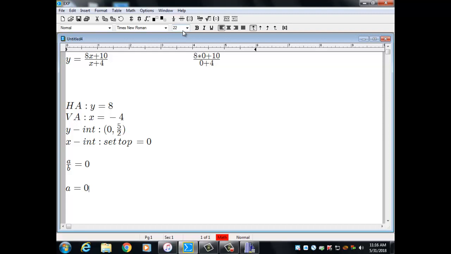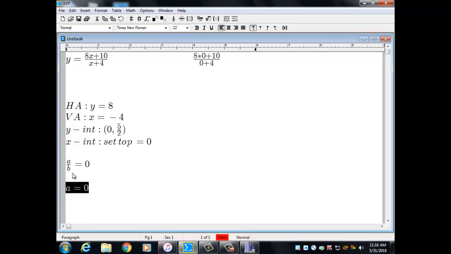I've had students go, well, no, one of them has to be 0. Not one of them. It's very specific. The top has to be 0. All right? Come on, Cam, hang in there with me. So to find the x-intercept, you set the top piece equal to 0.